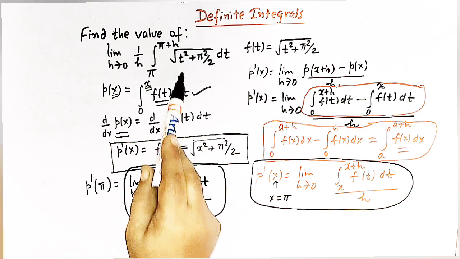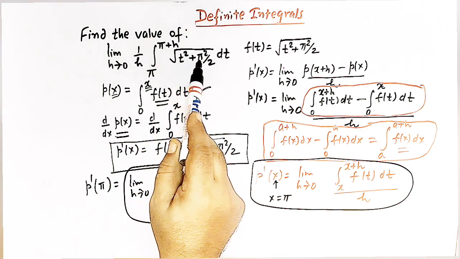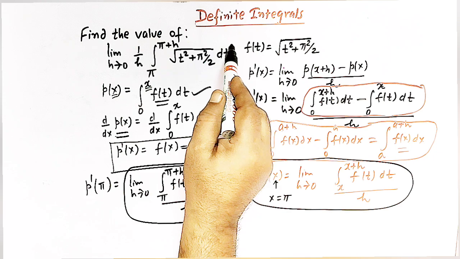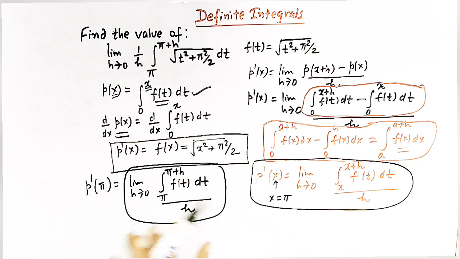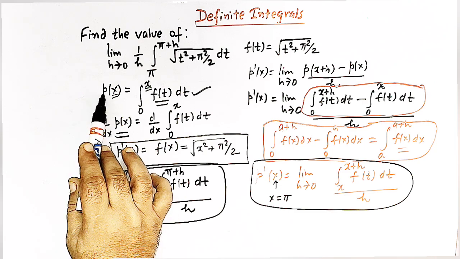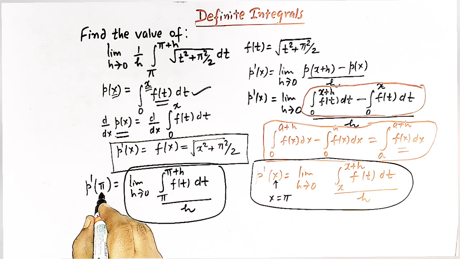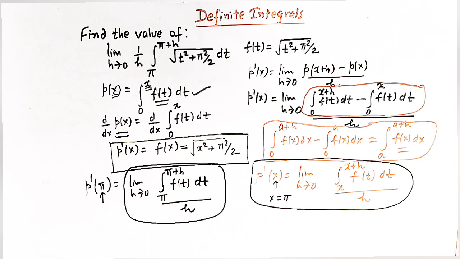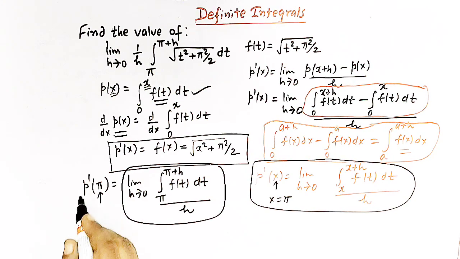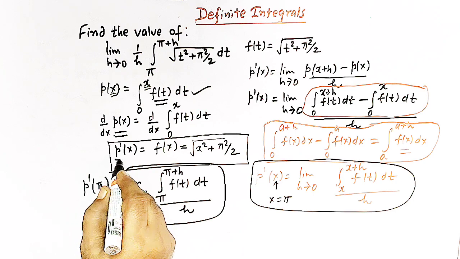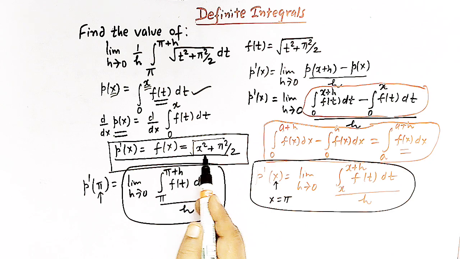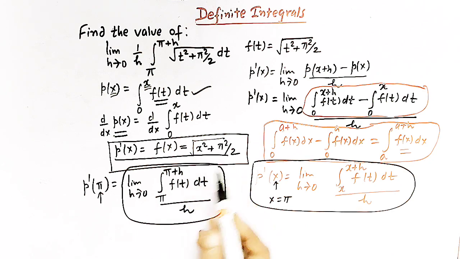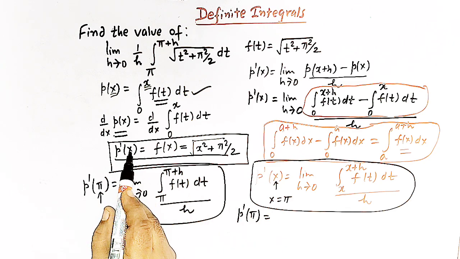And for f of t we have the square root of t square plus pi square over 2. So we have obtained this expression, and it is equal to the derivative of the function p of x at the point pi. Now p prime of pi can be obtained from the expression p prime of x equal to the square root of x square plus pi square over 2. So p prime of pi is obtained by replacing x by pi.